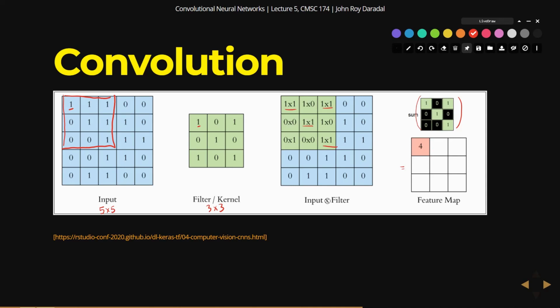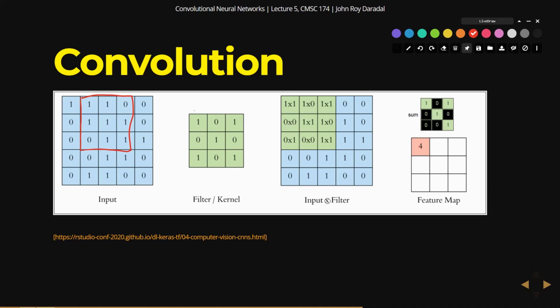Okay, now on the next window, we move that one here, next 3 by 3 window. Okay, so let me erase everything first to make it clean. In the next 3 by 3 window, we're looking at this part of the input image and do the convolution again with the kernel.